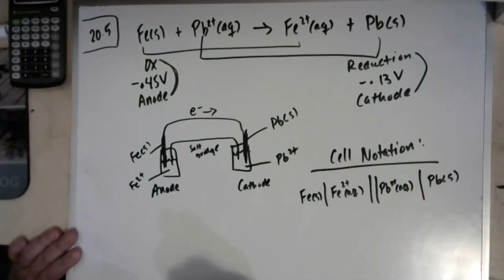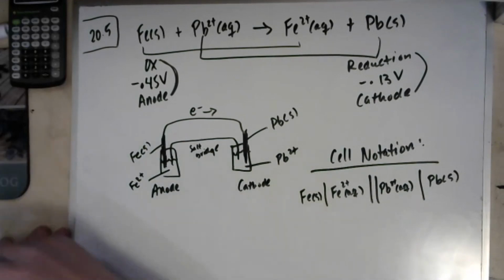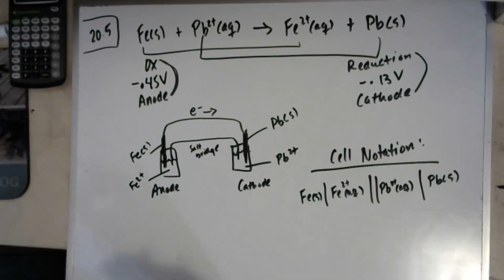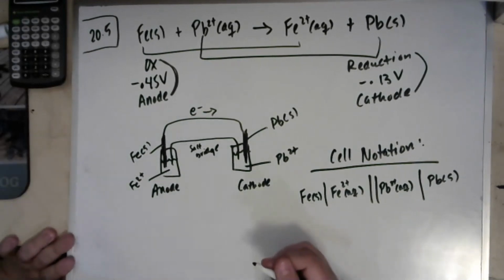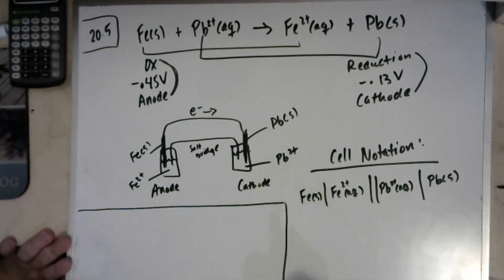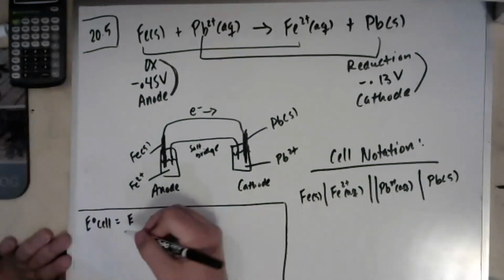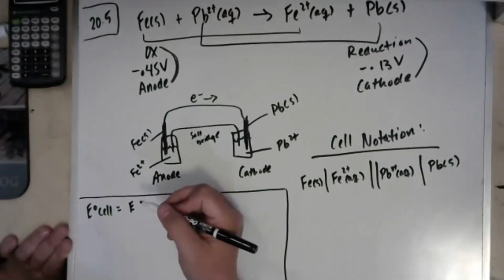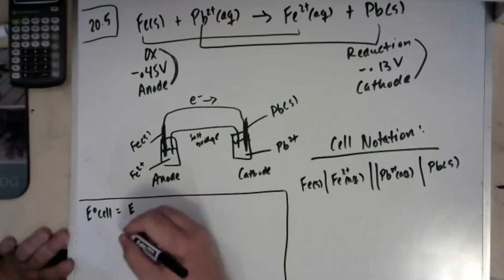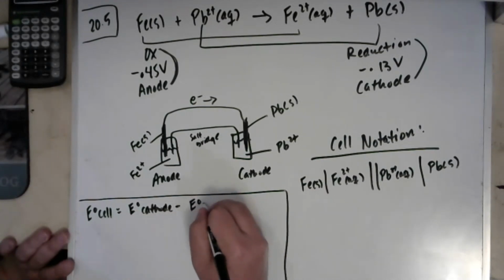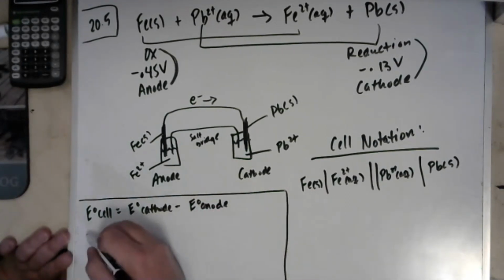Okay. And we could actually calculate the standard cell potential. I just blanked on that completely, and it would kind of prove that it's spontaneous anyway. All right, we can calculate that E cell because we have the values. The question didn't ask us to do this, but we'll do it anyway to prove it to ourselves. So again, it's going to be E cathode minus E anode.